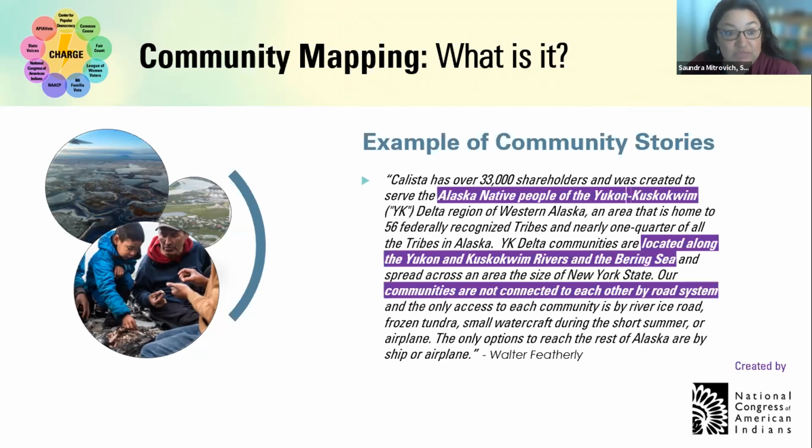He describes the location of the community, in the Yukon Kuskokwim Delta region of Western Alaska. He also talks about the challenges his community faces regarding barriers to transportation, and sometimes having to navigate river ice roads. When we talk about the 3 Cs, you'll note all of those things there. The count of the 33,000 shareholders, the culture, and of course where it's located. Next slide.